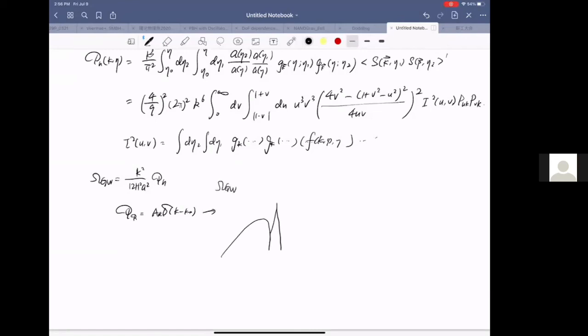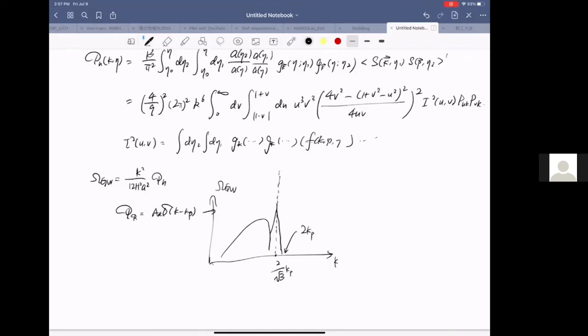It's omega GW of K. So the peak is at 2 over square root of 3 times Kp, where Kp is the peak scale, and there is a cutoff at 2 Kp. This is because of momentum conservation. So this peak is a kind of logarithmic divergence.